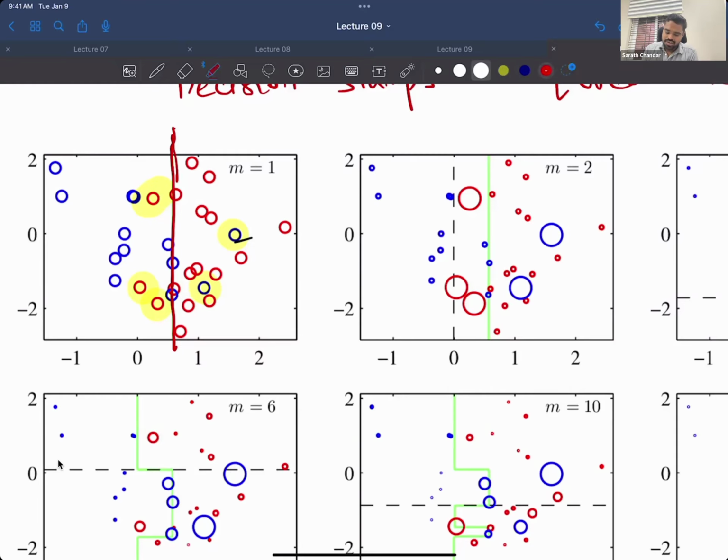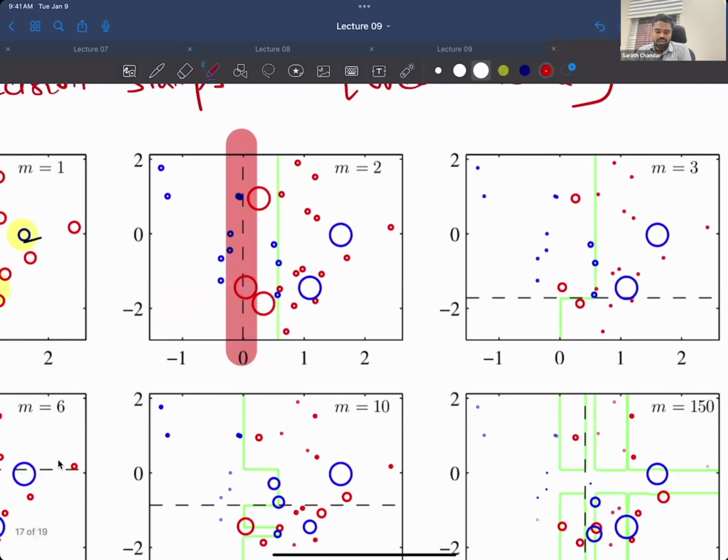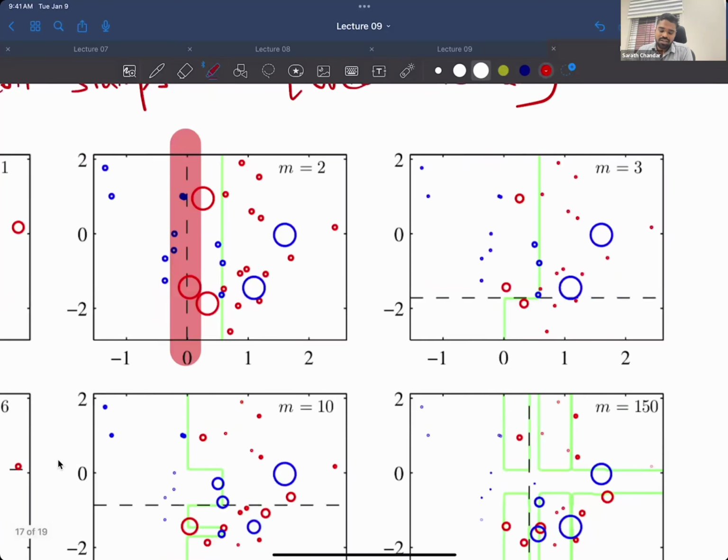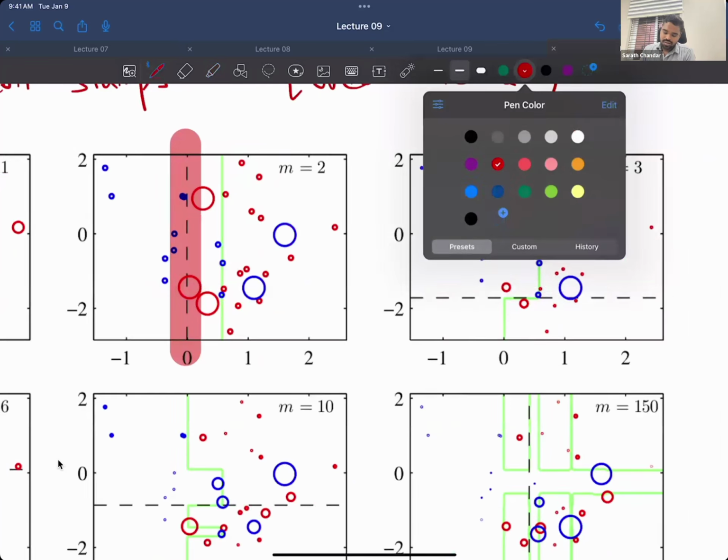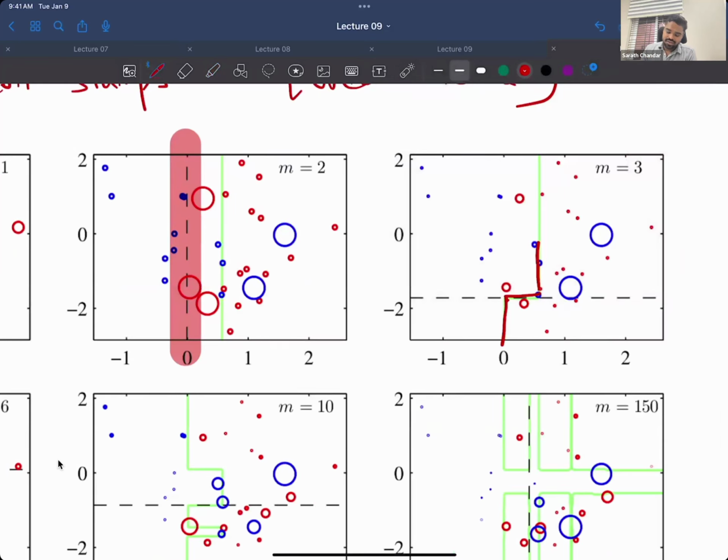The second classifier does the classification here. When I combine these two classifiers, I'm going to get a classifier like this. Is that clear?